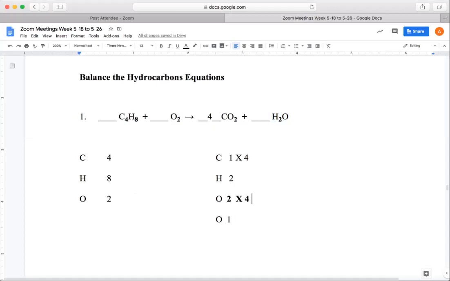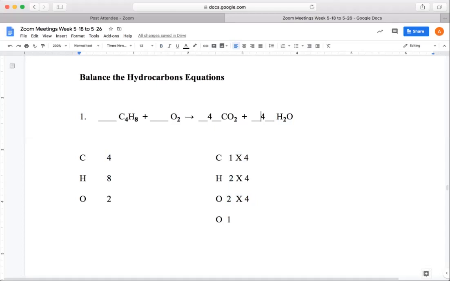So let's see. Now that we took account of the atoms that we have, let us see if we have the same number of atoms of each type. We have 4 carbon atoms, 4 carbon atoms, 8 hydrogen atoms here, 2 hydrogen atoms here. So we're going to multiply this by 4 to make this number equal. Let's put a 4 here then, because we're going to have to increase the number of hydrogen atoms by a factor of 4.